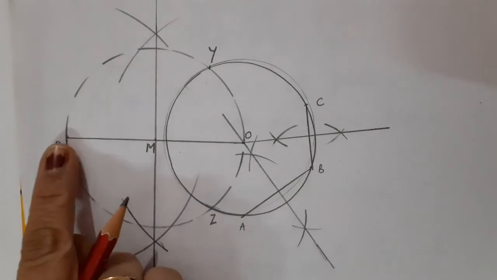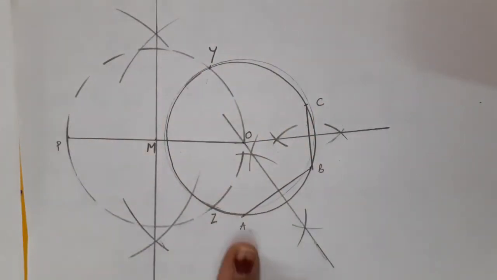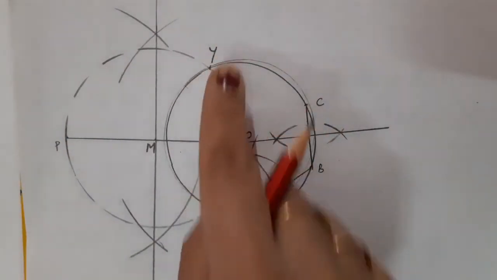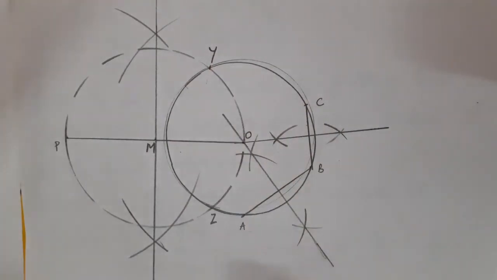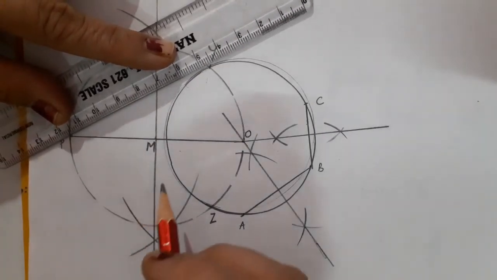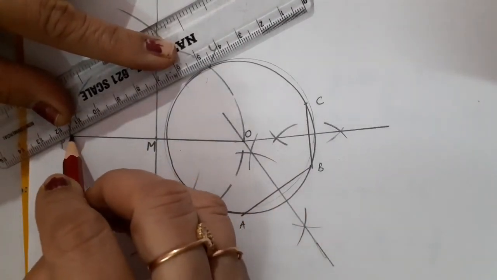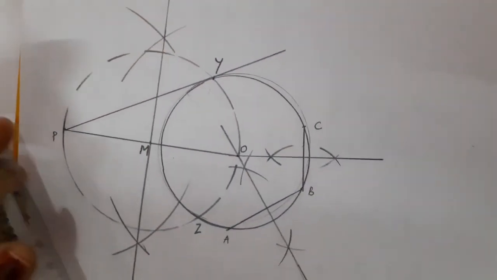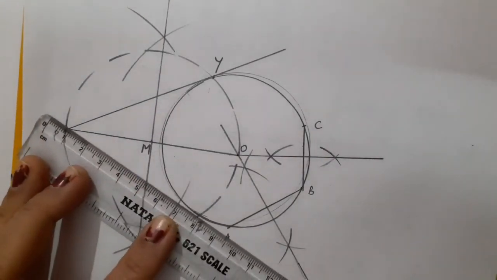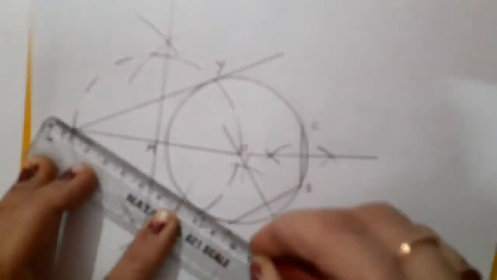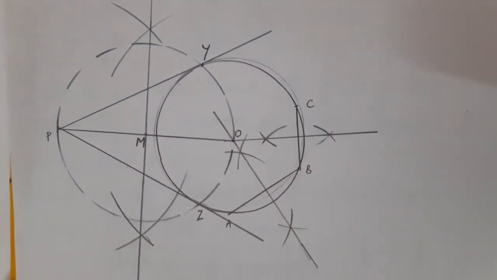Now children, from this external point, I can easily draw two tangents, okay, which would touch this given circle at point Y and Z, and they both are known as the point of contacts. So let us draw them now. This is first tangent, that is PY, and this is second tangent, that is PZ.